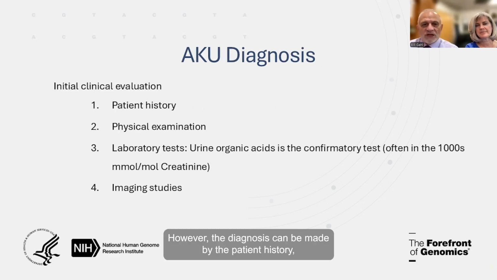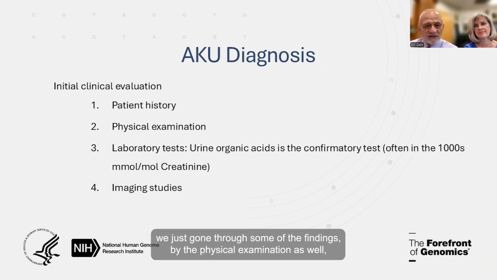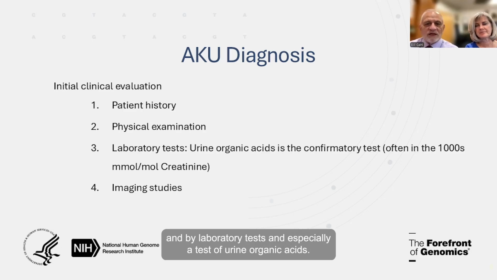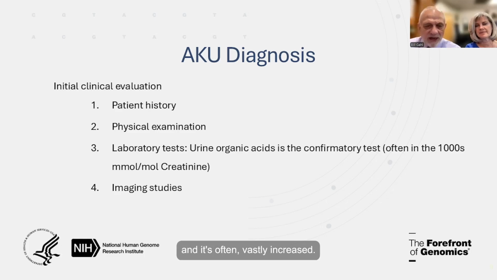However, the diagnosis can be made by the patient history, by the physical examination as well, and by laboratory tests, and especially a test of urine organic acids, because homogentisic acid is an organic acid, and it's often vastly increased.